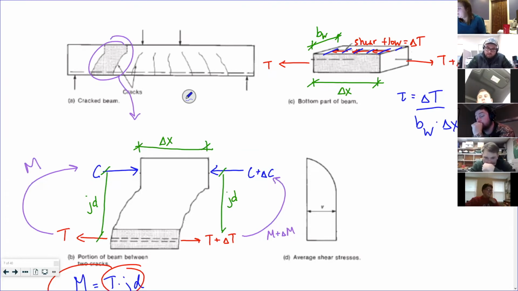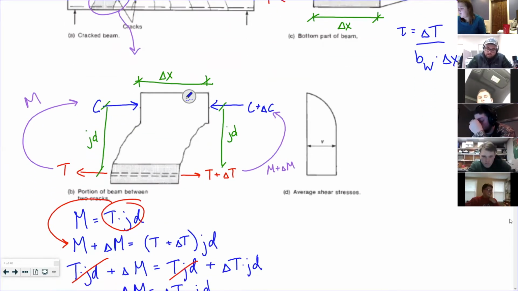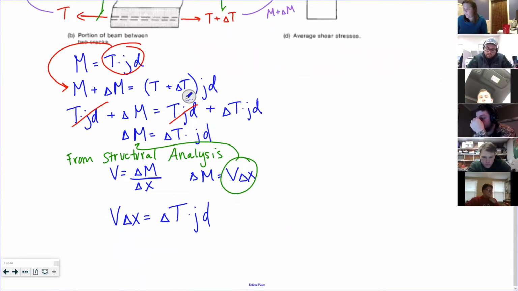I just found an equation for that delta T. I can solve it down here. Delta T is equal to my shear force times the width of my element divided by jd.